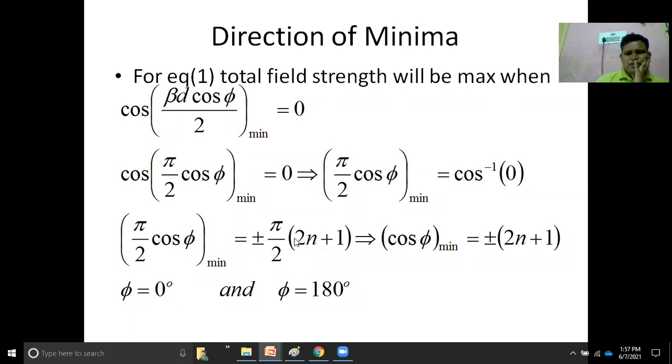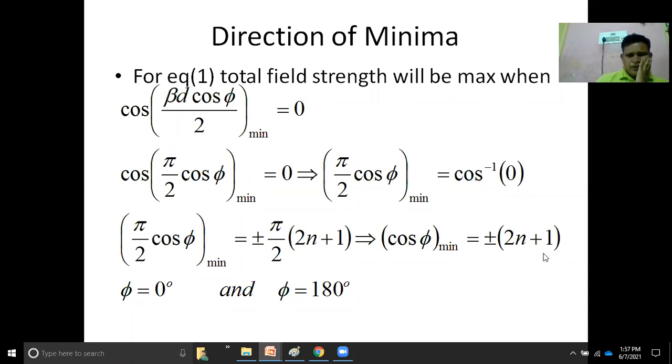For all these values, the cos is 0. Therefore pi/2 cos phi is equal to plus or minus pi/2 (2n plus 1). This pi by 2 and this pi by 2 will get cancelled, so cos phi is equal to plus or minus (2n plus 1).